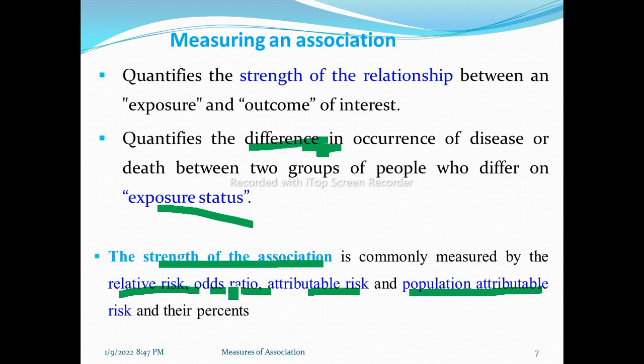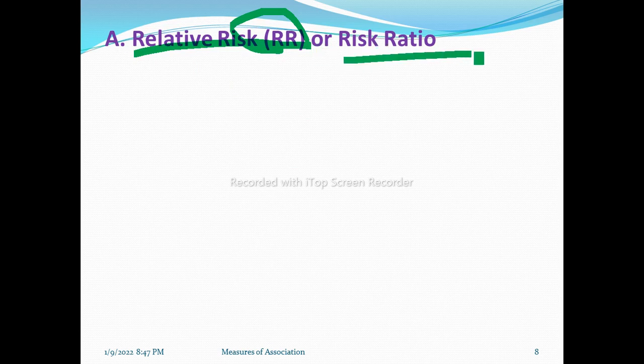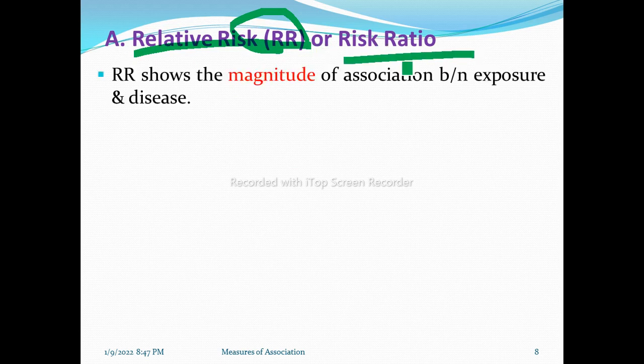Now we are starting relative risk. Relative risk is symbolized by RR, capital R, or we can say risk ratio. Relative risk shows the magnitude of an association between exposure and disease.